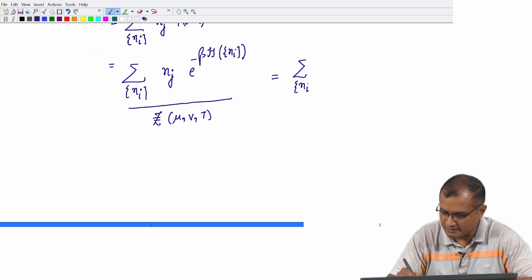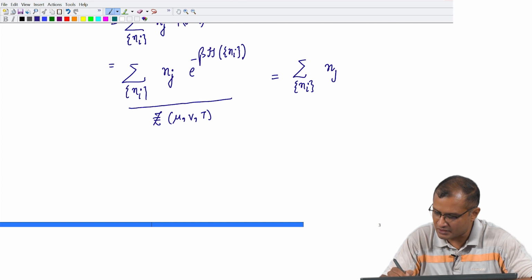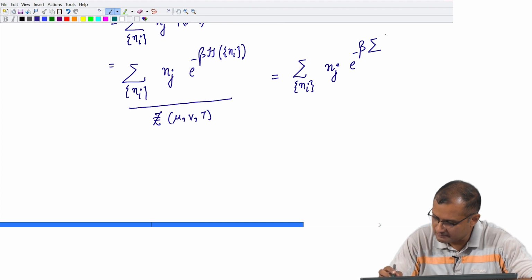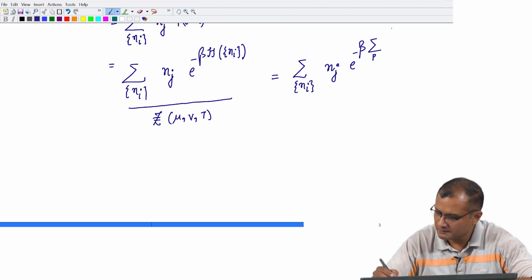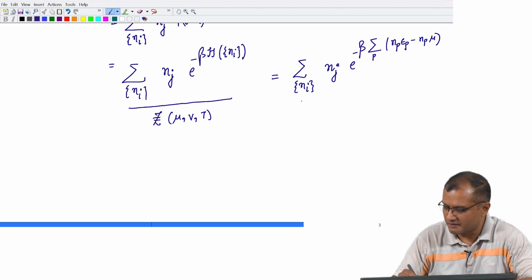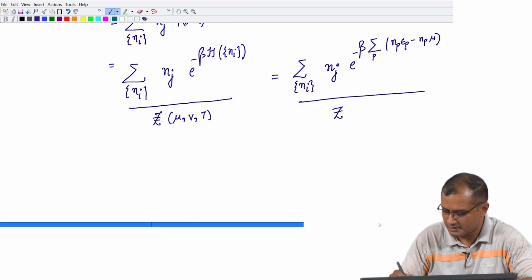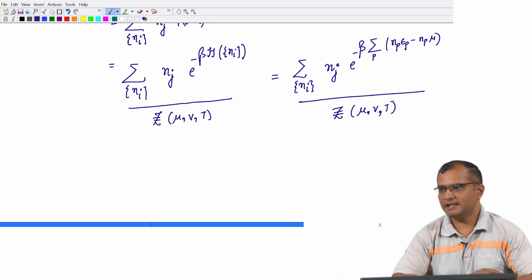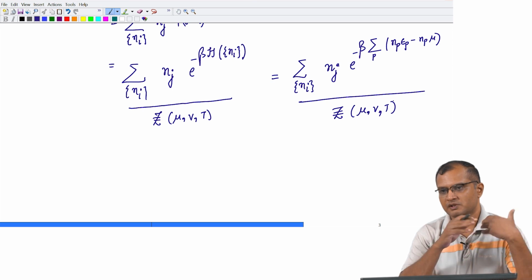So, the numerator is nothing but summation over all microstates nj e raised to minus beta summation over some label p of np ep minus np into mu, divided by the partition function. The np in the exponents are the values set by the microstate that you are choosing, and you will sum over all the microstates.